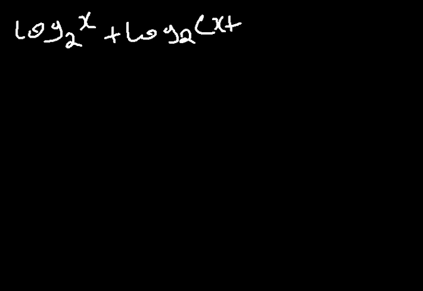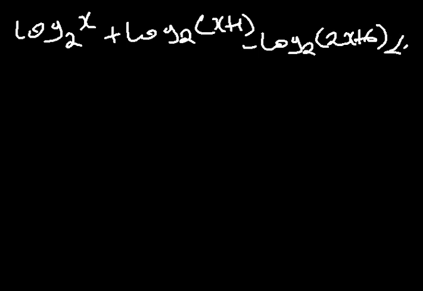And let's say we have log base 2 of x plus log base 2 of (x plus 1) minus log base 2 of (2x plus 6), and that should be less than 0.